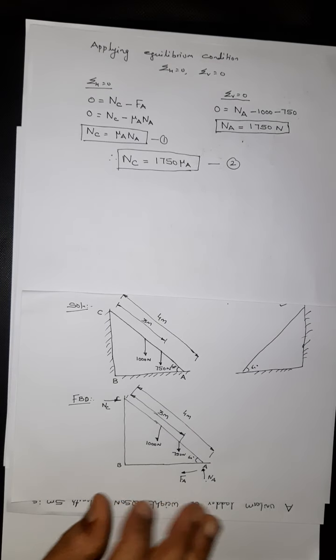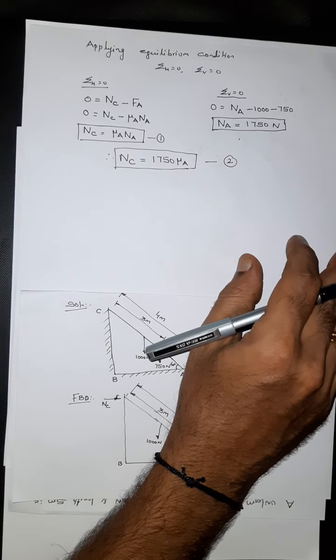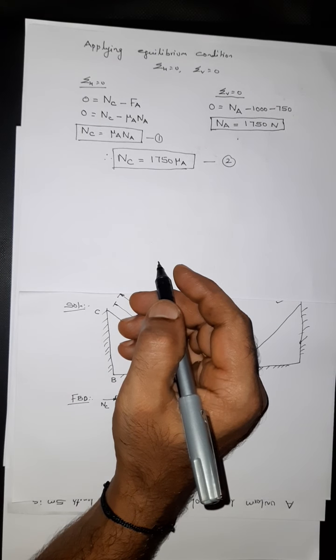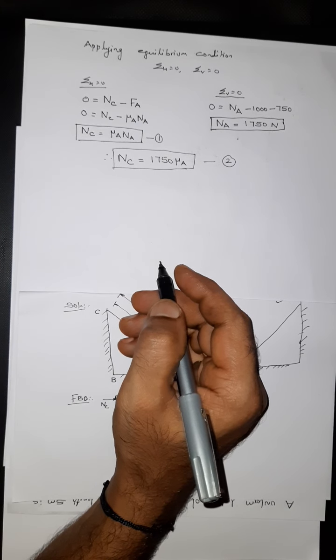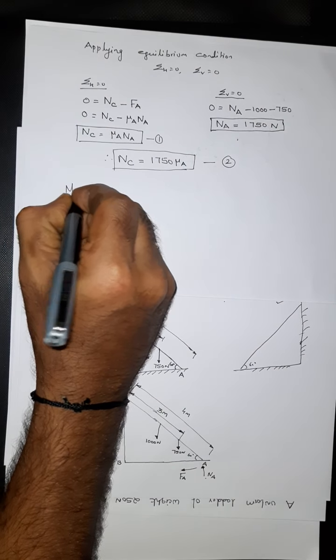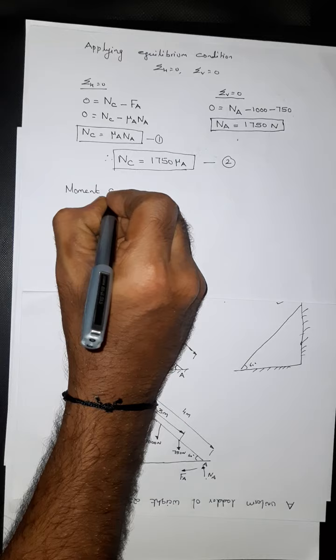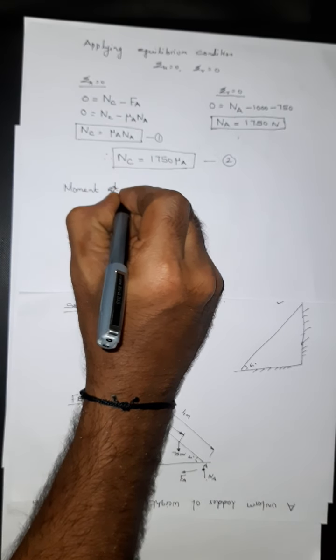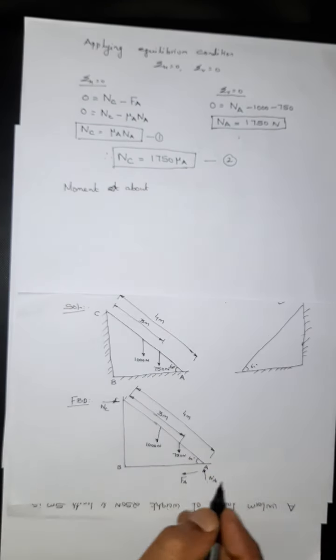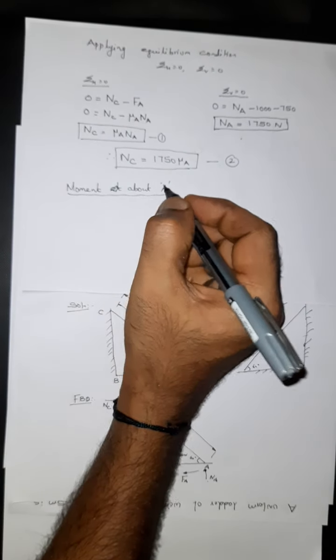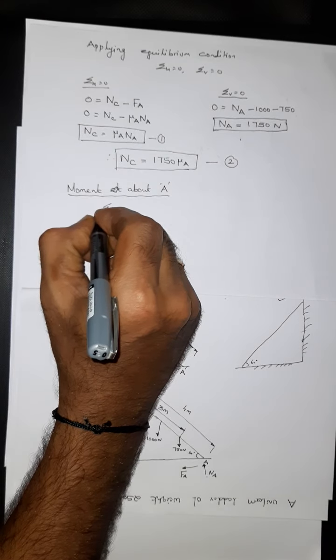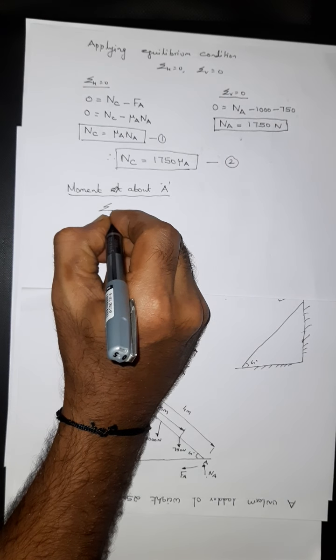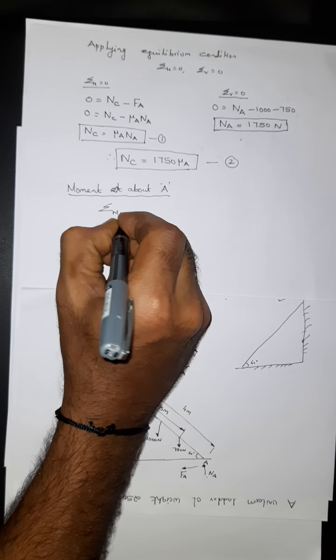Now I'm going to consider moment. What is moment? It's a product of force and the perpendicular distance at the point, right? I'm going to consider moment about point A. Summation of moment at A equal to 0.